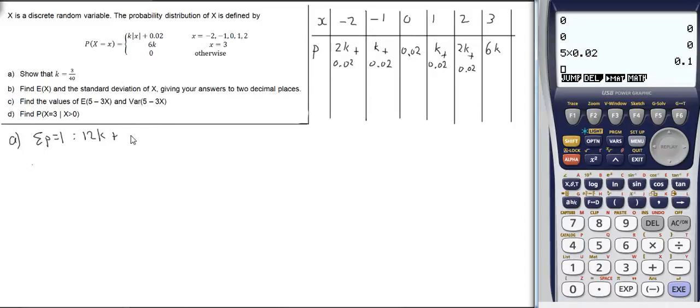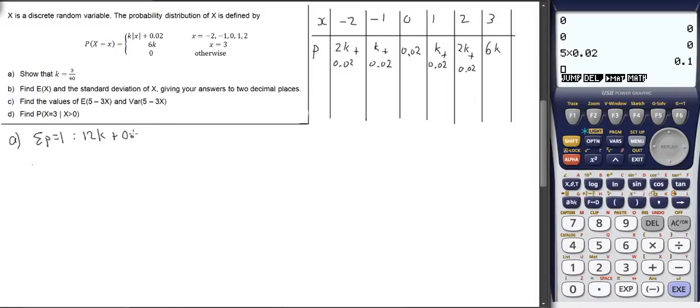That's 0.1. So all of those add up to 1, and if you don't write that equation down, you're going to miss a mark. So k then is 1 minus 0.1, which is 0.9, divided by 12, which is 3/40, as they asked us to verify.